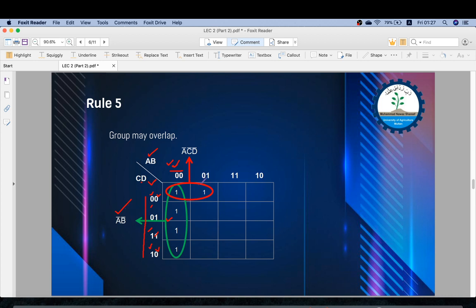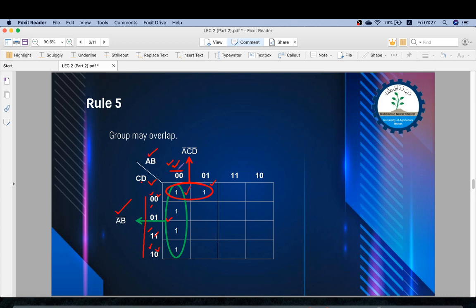Now we take the second group, that is this one and this one. This group is smaller as compared to group 1. The smaller the group is, the bigger the equation will be. So its equation should be bigger.